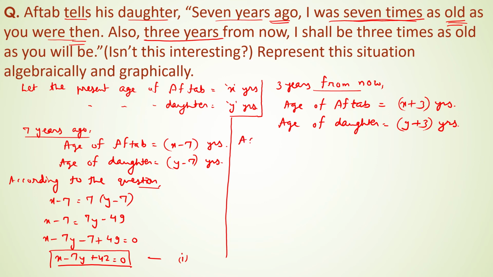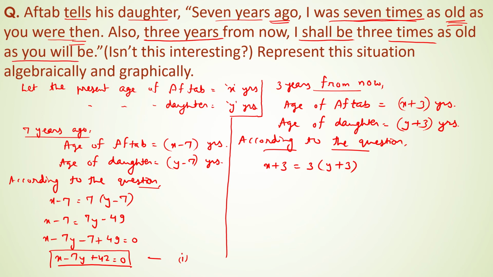So, according to the question again, the age of Aftab will be 3 times the age of the daughter after 3 years from now. I shall be 3 times as old as you will be.